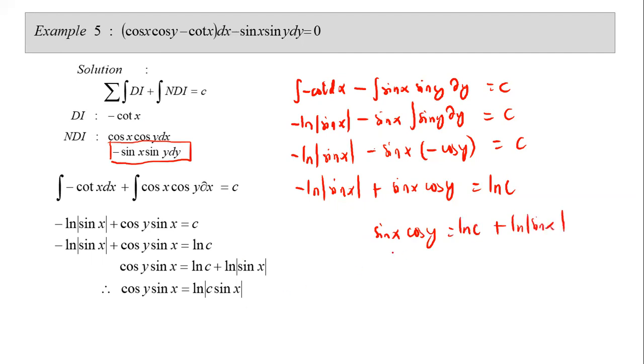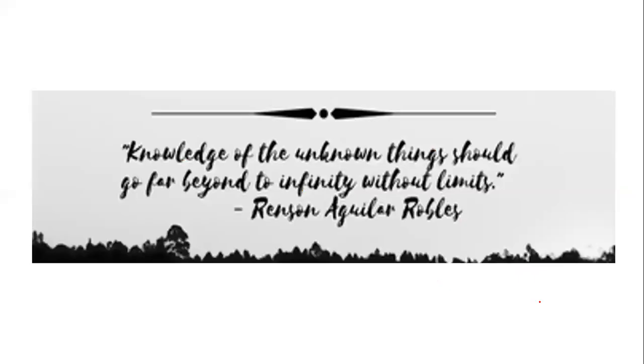And then eventually, you will arrive at sine x cosine y equals ln of c sine x. All right, and I think we got the same answer, only that you can just write it as cosine y sine x equals ln of c sine x. And I think that's all.